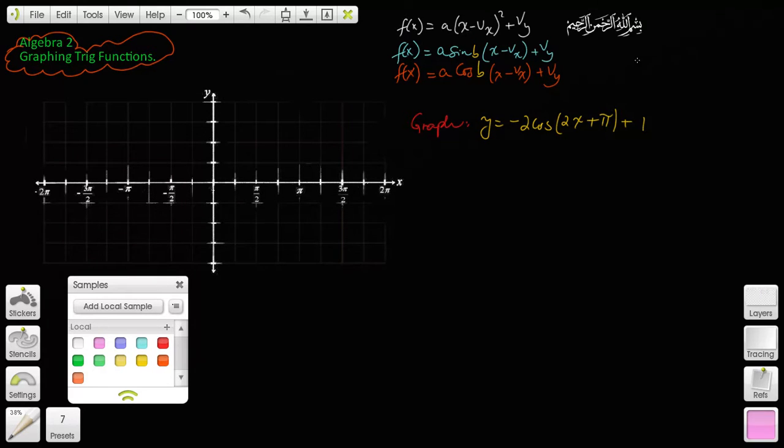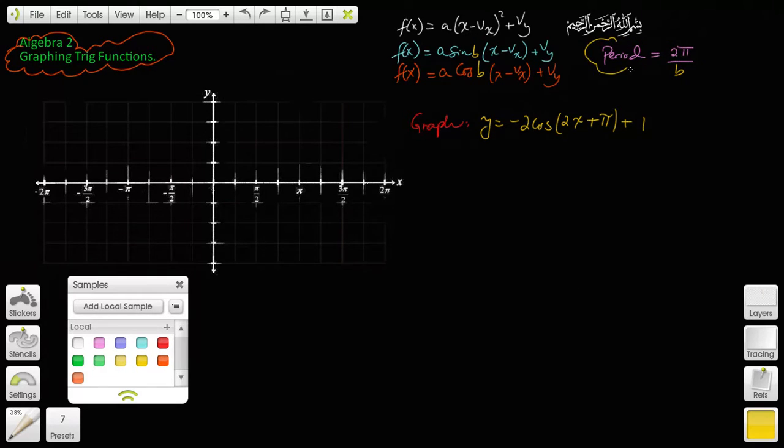And if you recall, we found the period of these trigonometric functions by dividing 2 pi by this b over here, and that's why that b is so important. So that period is very important. That's 2 pi over b.